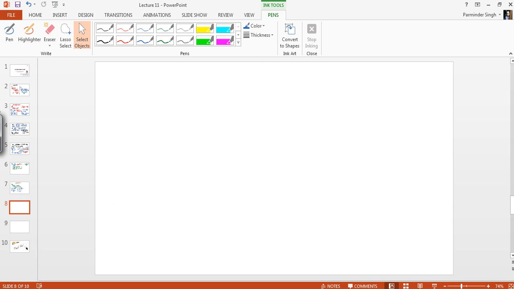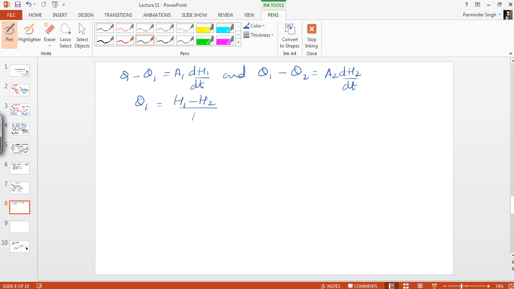So now for 1, 2, 3 and 4, let's rewrite them in form of a deviation variable. So in a deviation variable, they can be written as simply as capital Q minus Q1 equal to A1 dH1 by dt, and Q1 minus Q2 equal to A2 dH2 by dt. And what is Q1? That can be written as H1 minus H2 by R1, and Q2 can be written as H2 by R2.